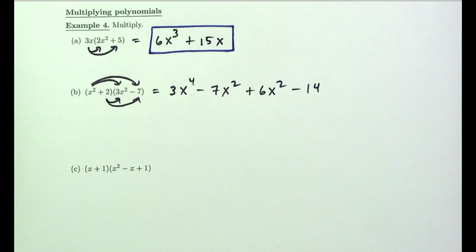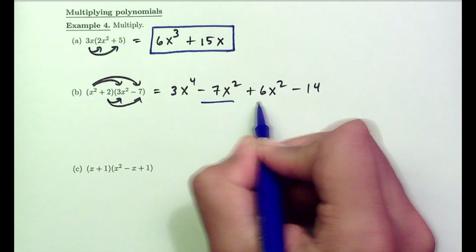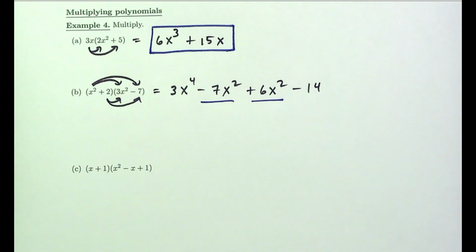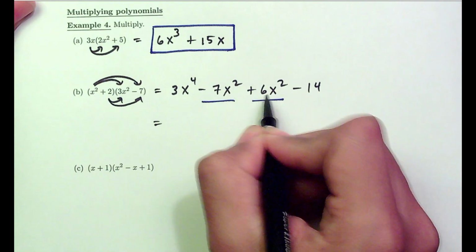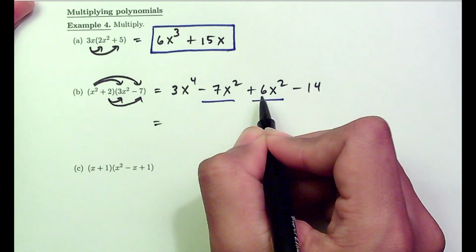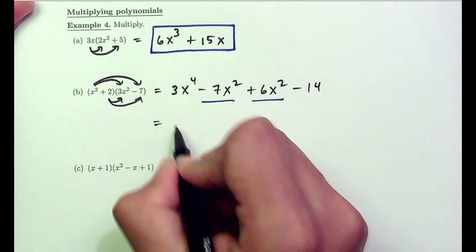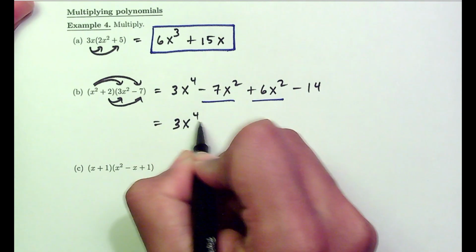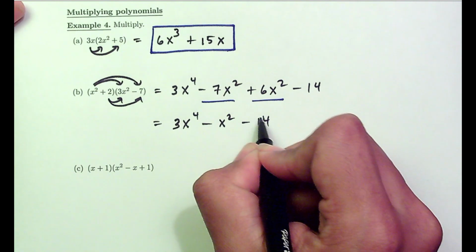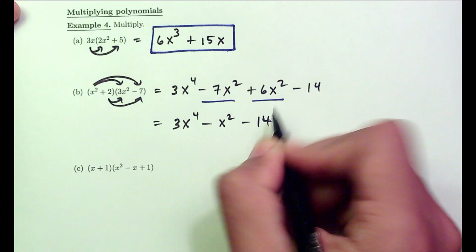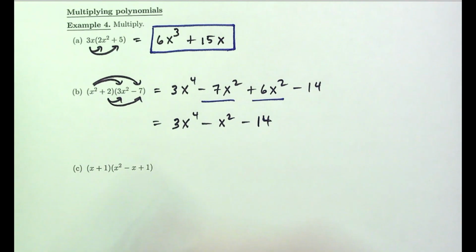And then you should take a look and see if there are any terms that you can collect to simplify. And these two are like terms. And we collect them. So negative 7 and positive 6 has negative 1. So this is going to be 3x to the 4th minus x squared minus 14. Alright, and that's it.